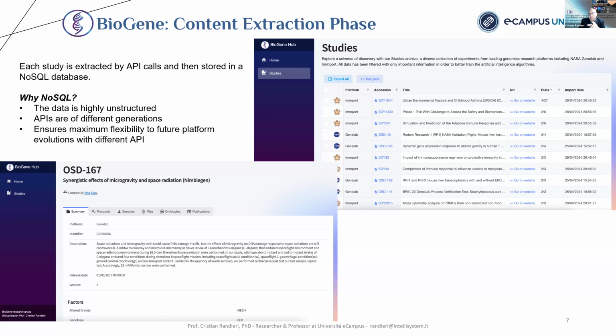For example, in the first one, it was able to extract only 4 of 27 publications. In the second screen, down on the left, you can see a particular experiment screen, which is essentially a summary of the experiment in terms of summary, protocol, samples, files, ontologies, and publications.